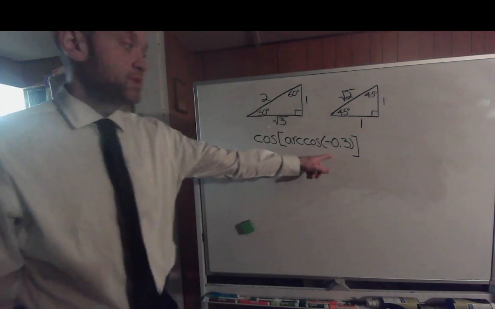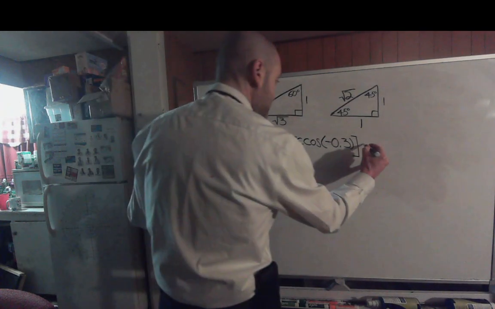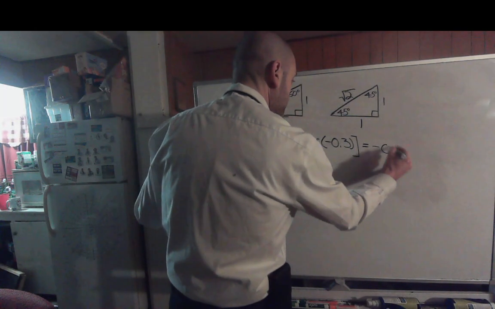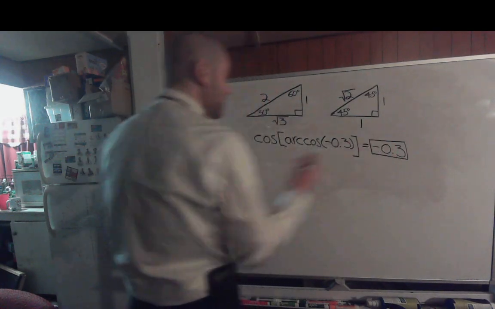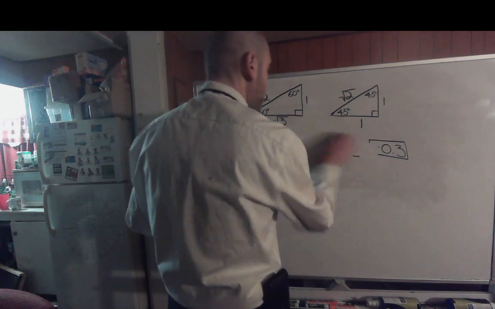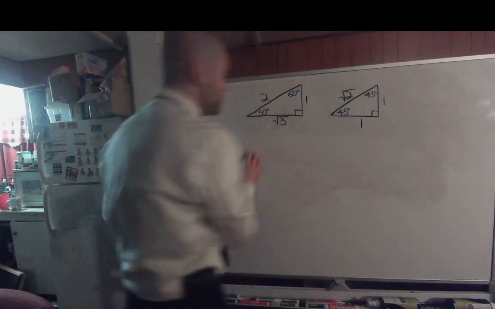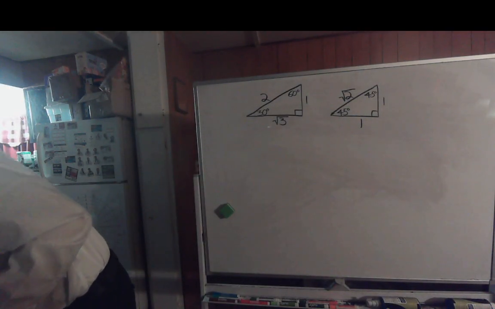This is definitely within the domain, so that is just going to give me an answer of -0.3. And I promise you they don't stay these simple for this lesson. It'll get a little bit tougher. And you're also going to see why the triangles are going to come into play relatively shortly.